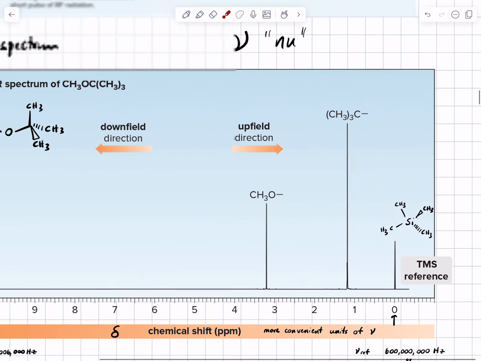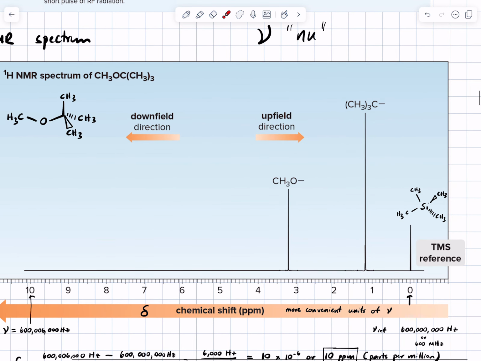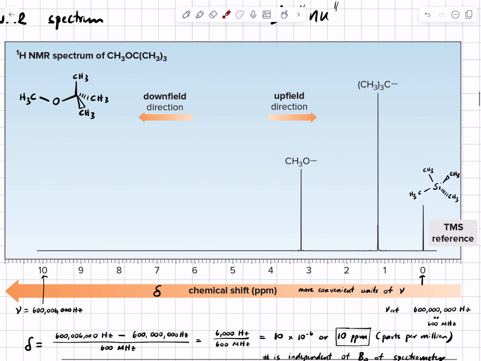All right, let's talk about the spectrum a little bit more. Just to orient you, higher values of frequency, for historical reasons only, are called downfield. I don't know why. Whereas lower values of frequency are called upfield.